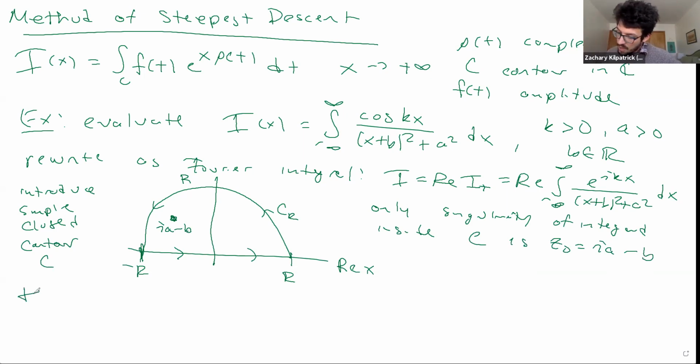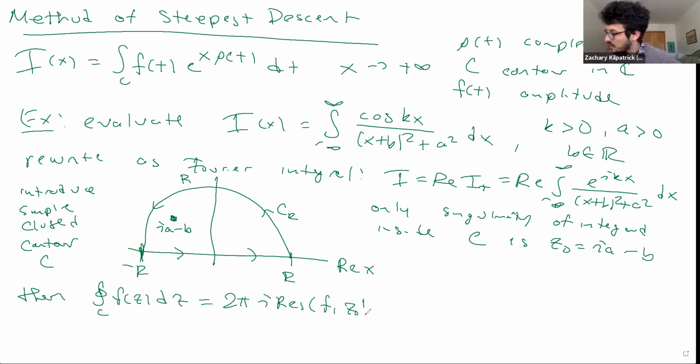Then we can take the closed contour integral, and by the residue theorem, this is equal to the residue of f evaluated at z0 times 2 pi i. Before we compute this, let me show the intermediate steps.